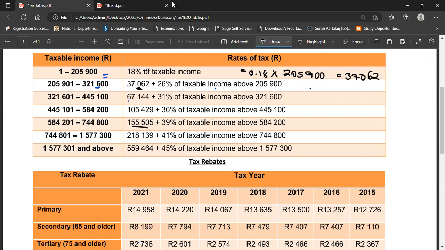Let's try the last one. This bracket comes from bracket number 4.